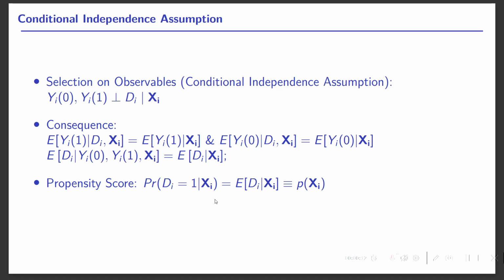Because treatment is binary, either you are treated or you are not, this is a Bernoulli random variable, and this probability equals the expectation. Because it is often a bit cumbersome to always write out the full piece, I always write P of xi for the propensity score. So much for some theoretical intuition why the propensity score could be interesting to solve selection bias.